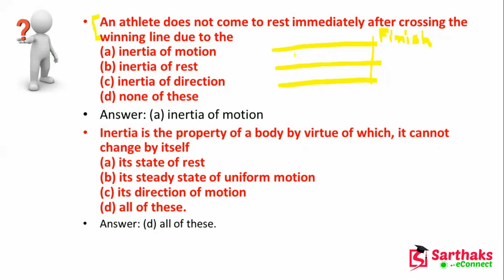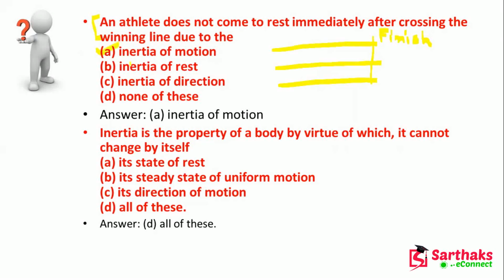The inertia will resist the athlete from stopping, because the change in the state is from motion to rest. So the athlete does not come to rest immediately after crossing the finishing line, due to the inertia of motion.